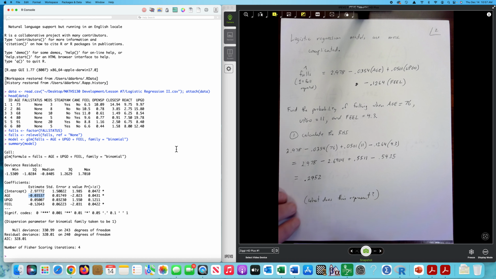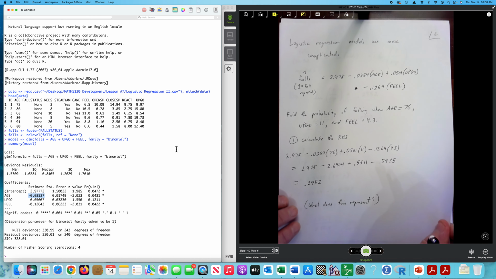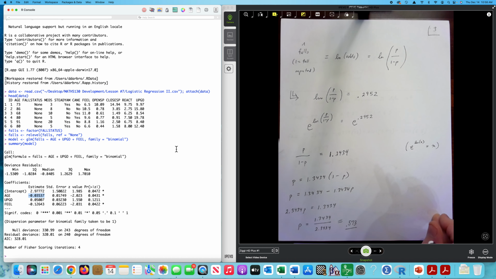Well, unfortunately, in the logistic regression setting, it doesn't represent something as easy to understand as it does in the multiple regression setting. What this represents, if we now focus on the left-hand side, the predicted falls, again, where the reference category is not falling, is actually the natural log of the odds of falling.